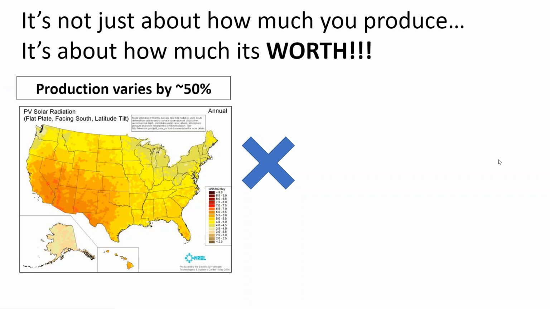I'm going to start out with some very high-level solar knowledge. The most important thing you can keep in the back of your head is that solar is driven not just by how much electricity you produce. The desert in California gets great sunlight. The Northeast coast, not so much.